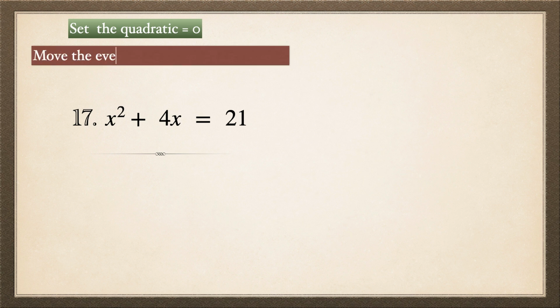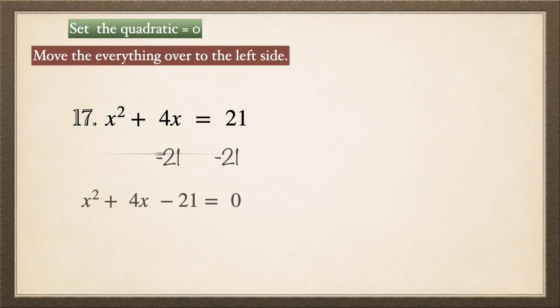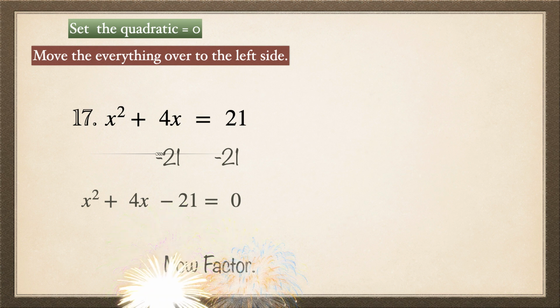All right, so I'm going to move the 21 over to the left side by subtracting 21 from both sides. Be careful. There is no other constant on that left-hand side, so I end up getting x squared plus 4x minus 21 equals 0.